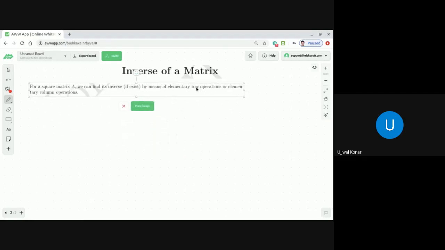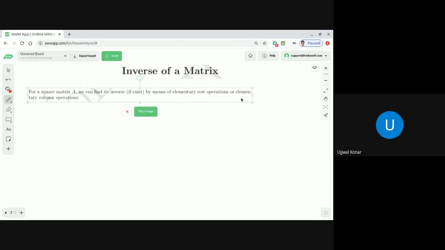For a square matrix A, we can find its inverse if it exists. With this statement, if it exists, what does it mean? It means the determinant of the matrix A is not equal to 0. And that the matrix is a square matrix is already given. So both conditions are satisfied.